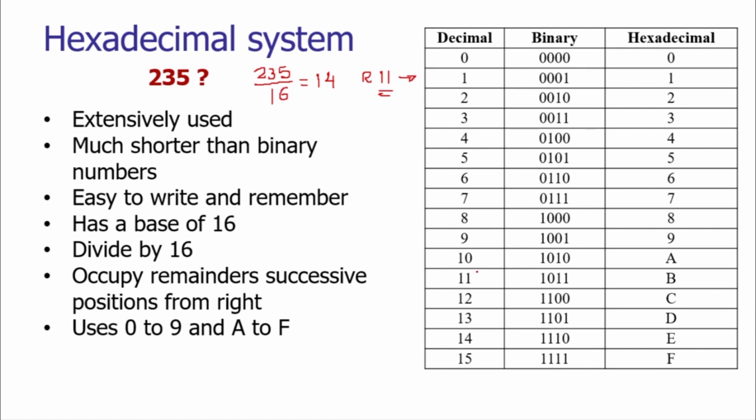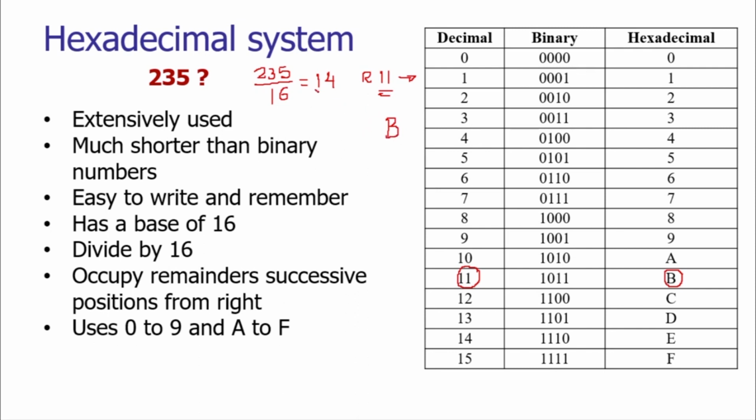So for 11 as the remainder, the hexadecimal representation is B. That we will be writing here, B.